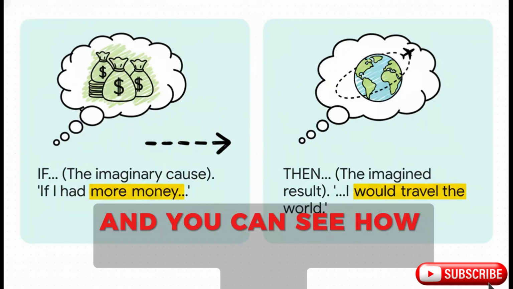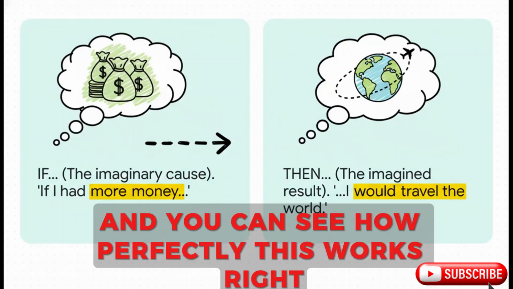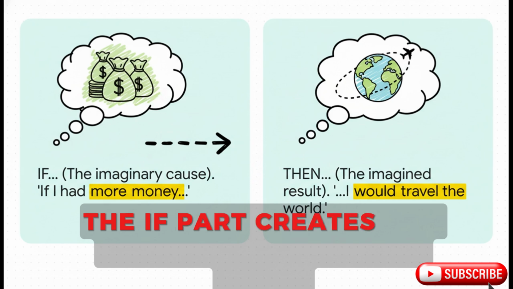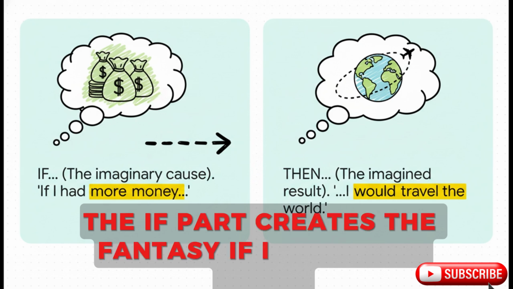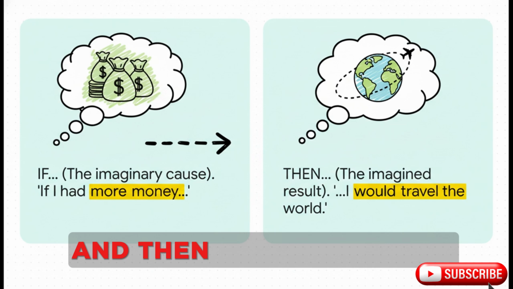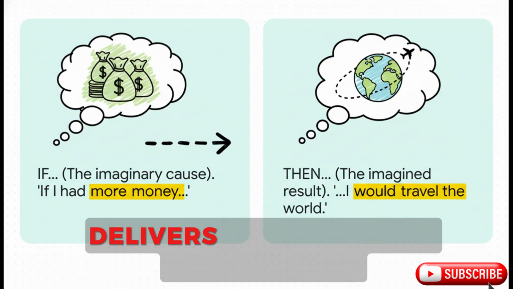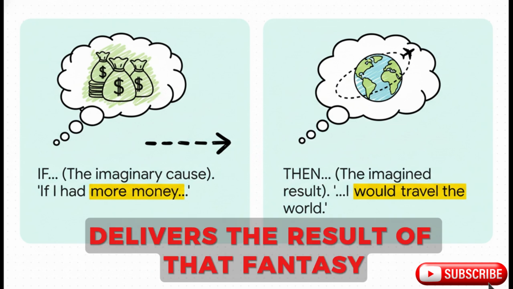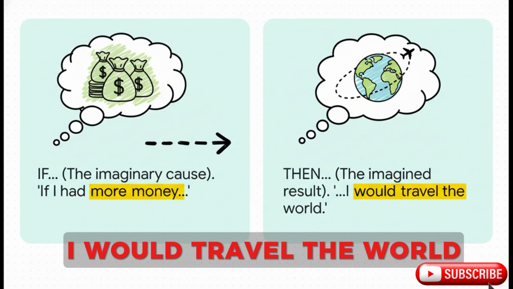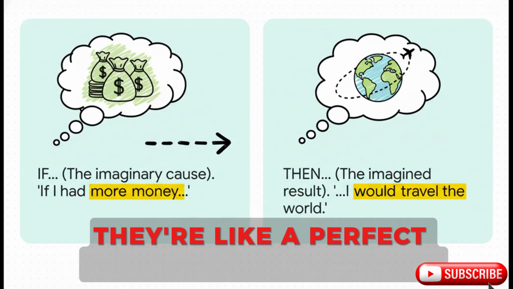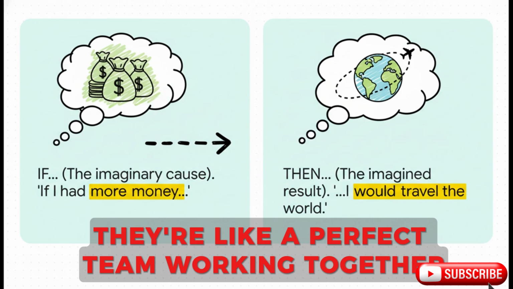And you can see how perfectly this works, right? The if part creates the fantasy. If I had more money. And then the would part delivers the result of that fantasy. I would travel the world. They're like a perfect team working together.